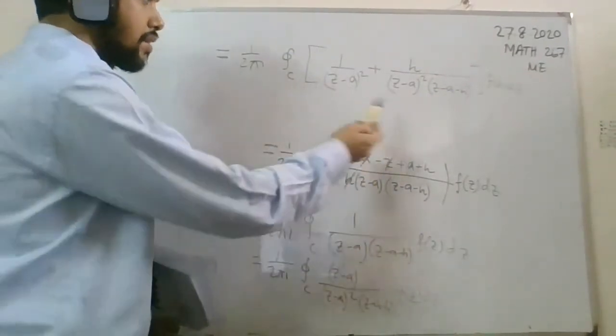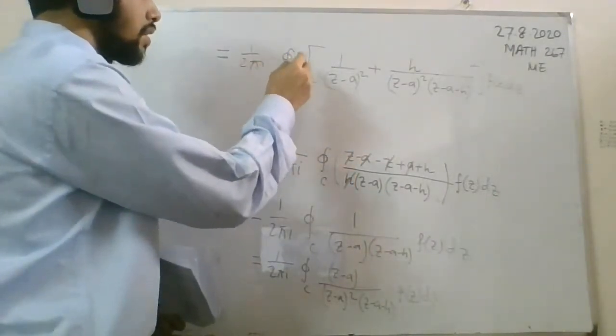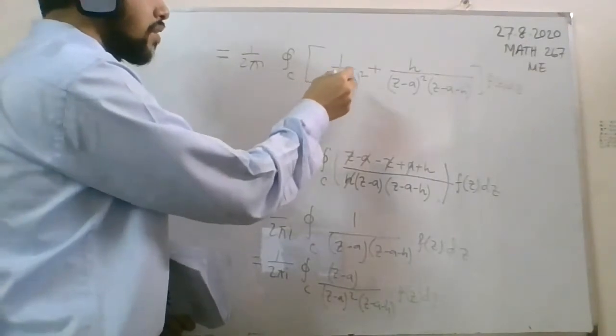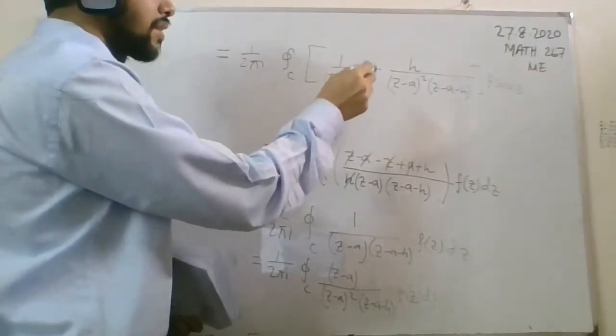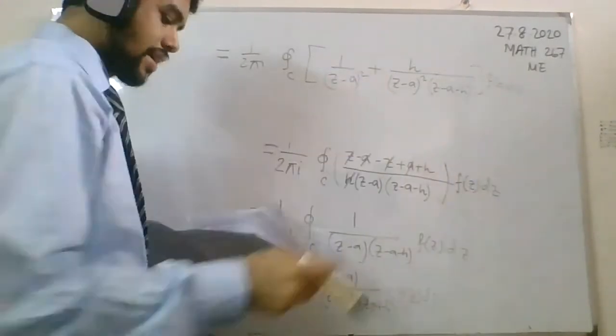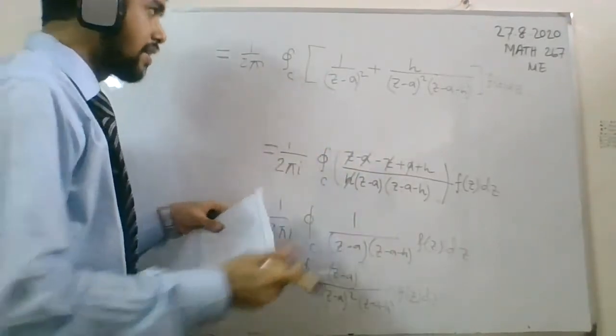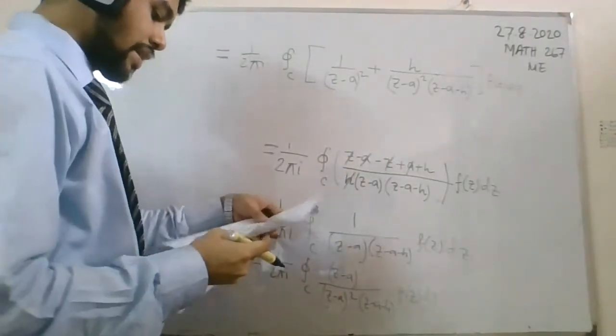Then we get 1 by 2 pi i integration of 1 by (z minus a) whole square plus 1 by (z minus a) whole square (z minus a minus h), into f(z) dz. Just using partial fraction format, you can get the result, which is this.